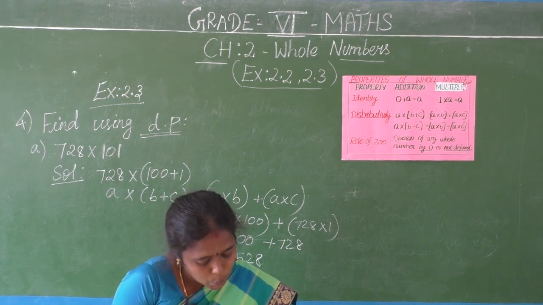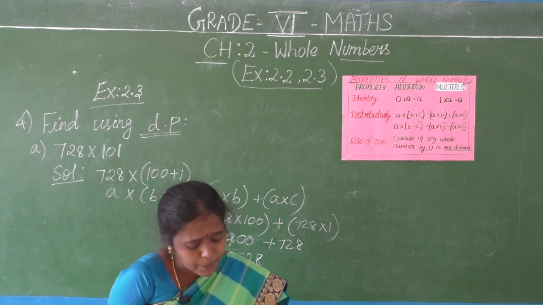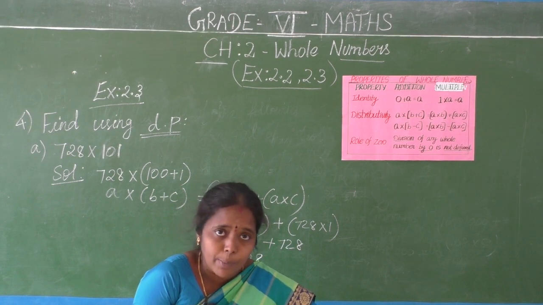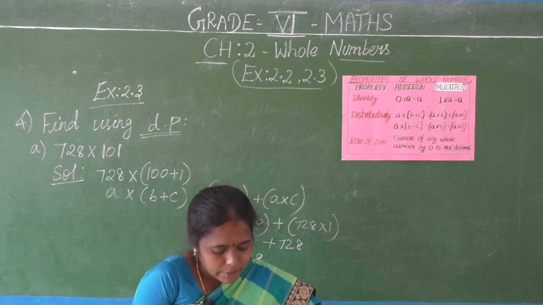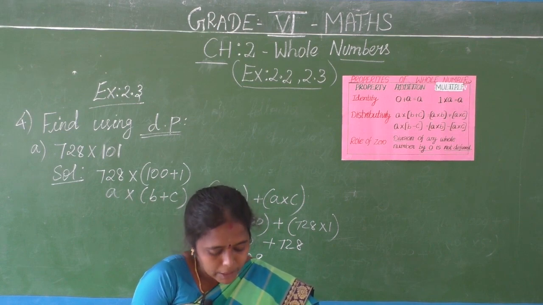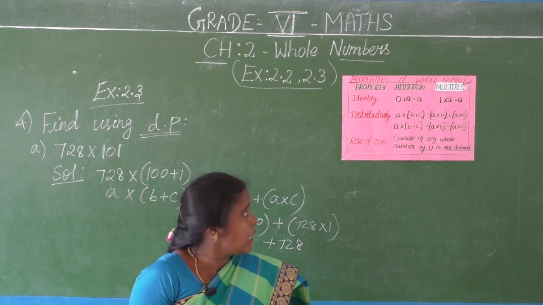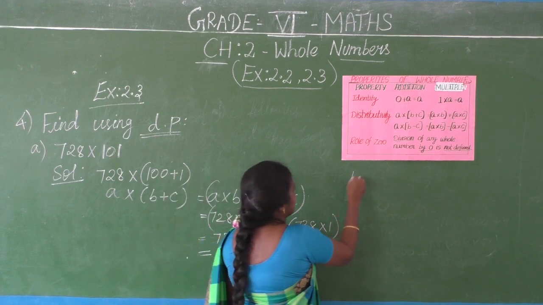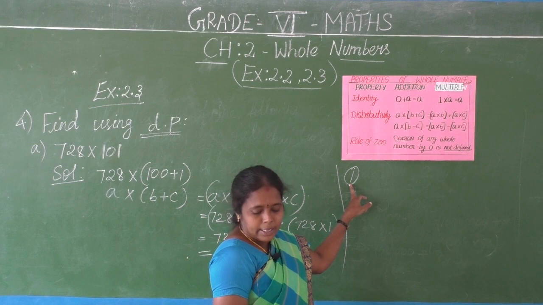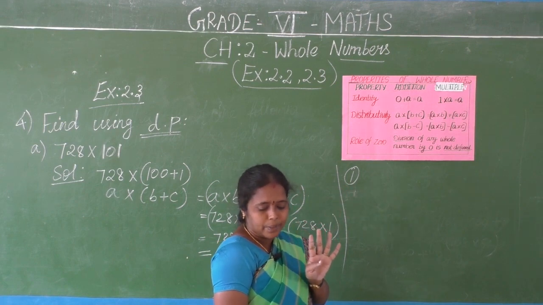Then the remaining 2 questions, let me explain in exercise 2.3. What is given? If you see the first question, 1 mark level only is given. Which of the following will not represent 0? See ma, exercise 2.3, first question, 1 mark level. 4 options given.